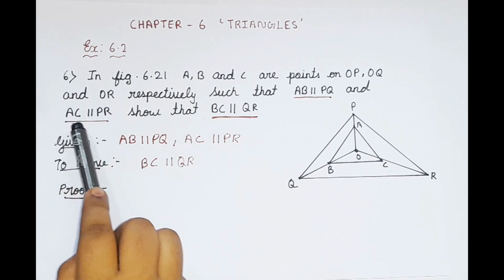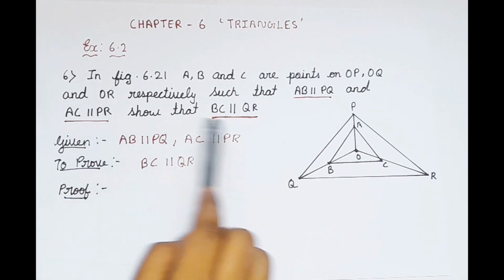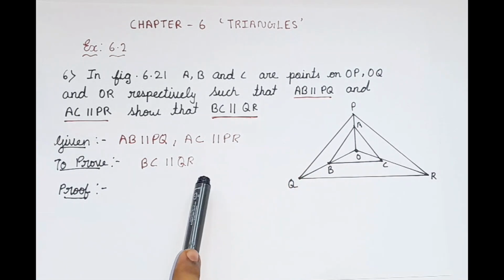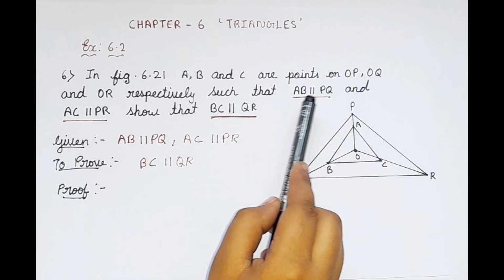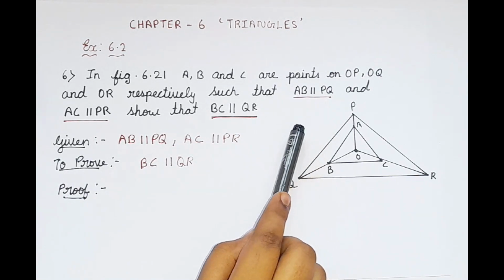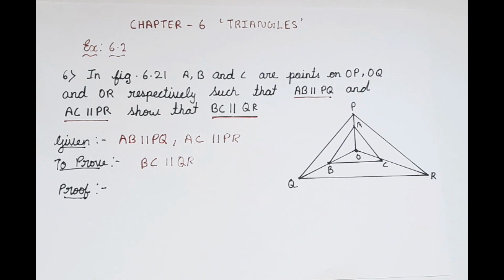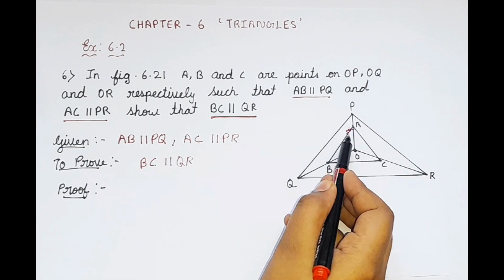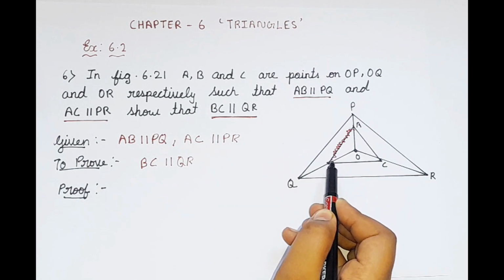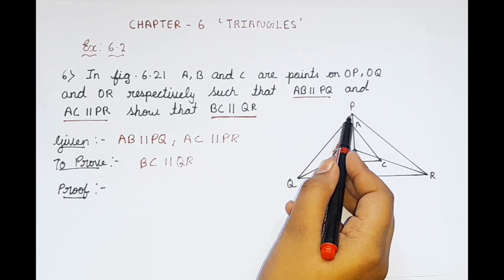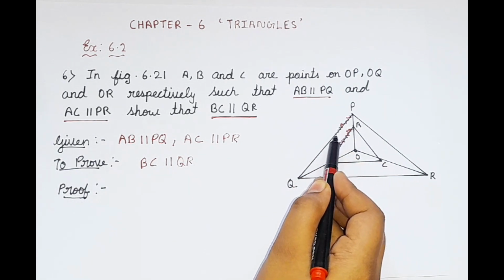We are supposed to find the answer by using these two clues. Listen carefully. First of all, we have AB is parallel to PQ. Where is AB? AB is right over here, let me just mark it. One second. Yes, AB is right over here and AB is parallel to PQ. So PQ is right over here.